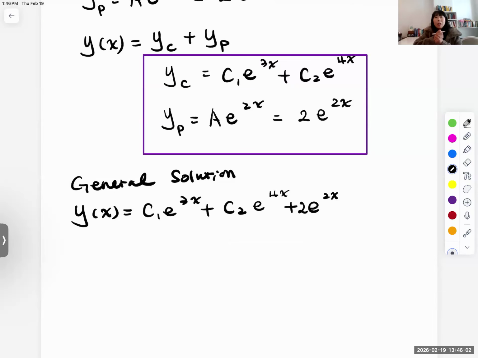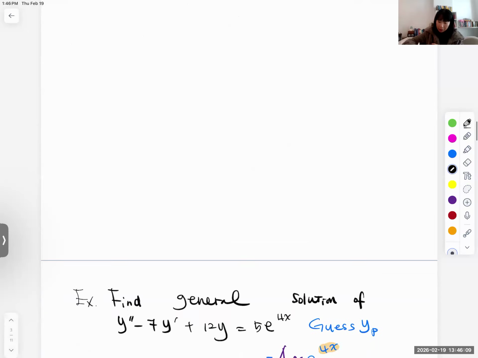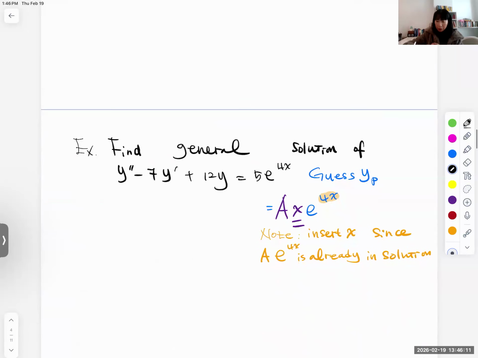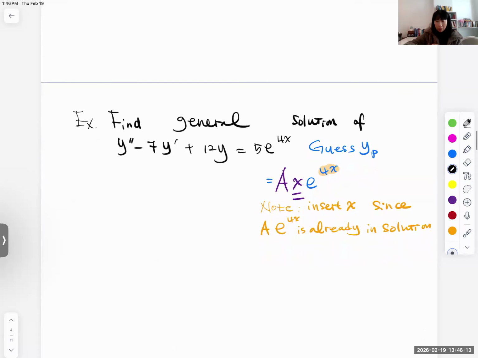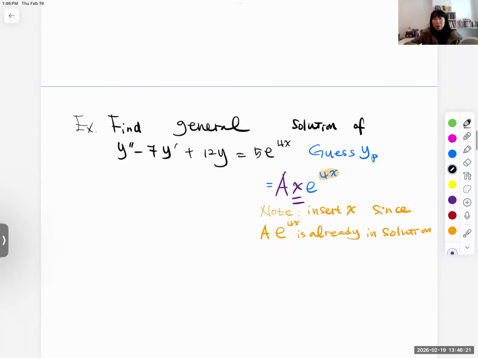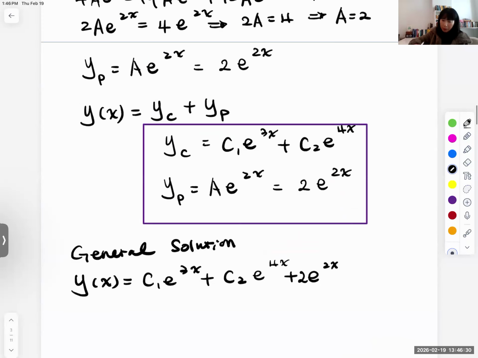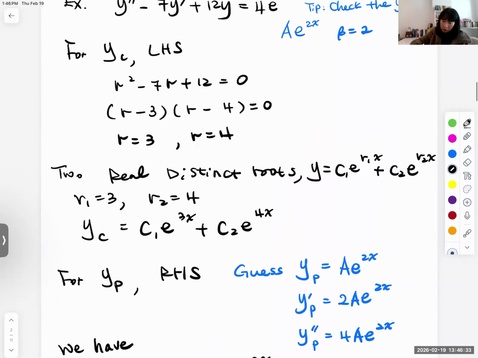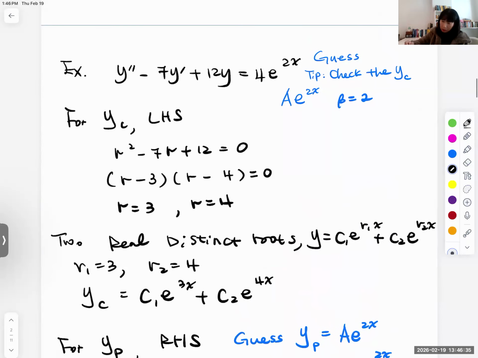Okay, let us do the second question. Okay, so we have a second question here. Find the general solution of this one. We get the same, isn't it? So the complementary solution will be r equal to 3, r equal to 4, right? Okay, let's just copy from there.